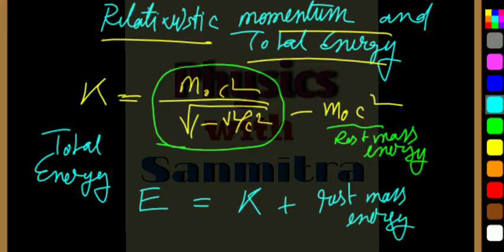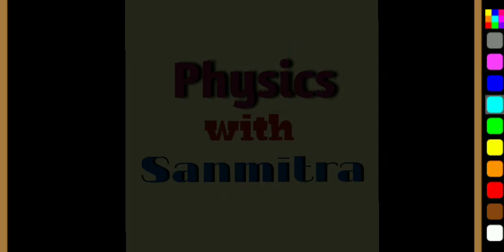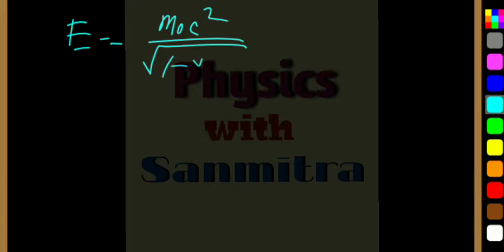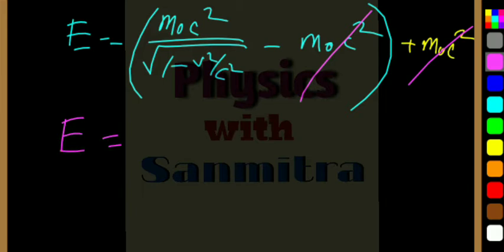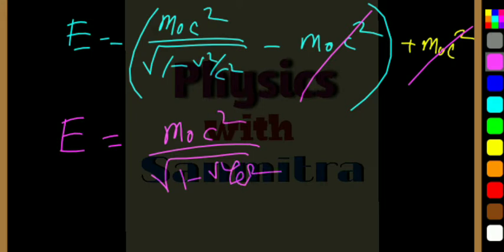Now if I add these two, E is equal to m naught c squared divided by root over of 1 minus v squared by c square, minus m naught c square, this is my kinetic energy, plus m naught c square. So this m naught c square and m naught c square will cancel out. Then E will be m naught c square divided by root over of 1 minus v squared by c square. This is my total energy.